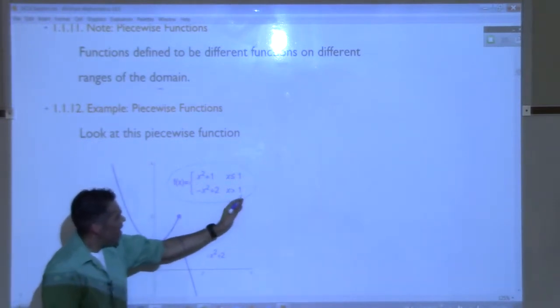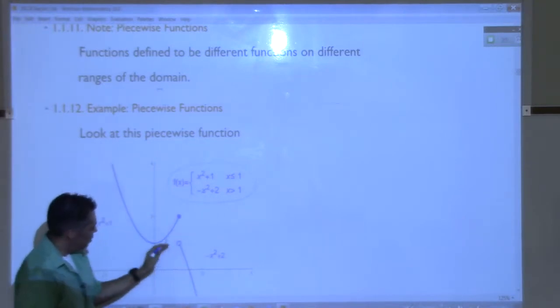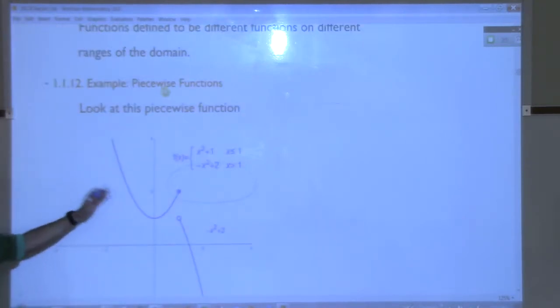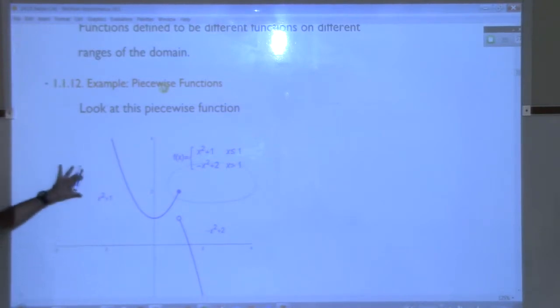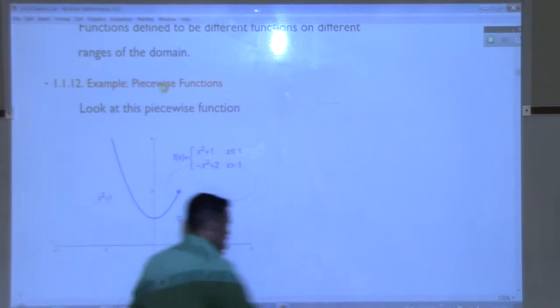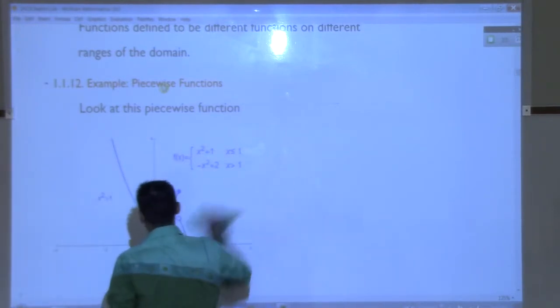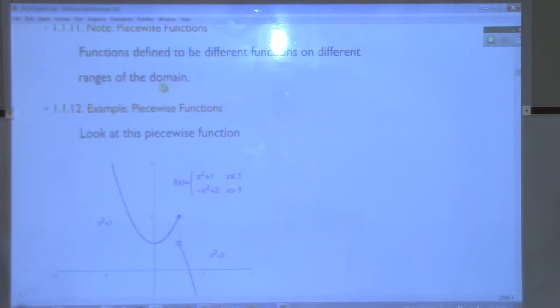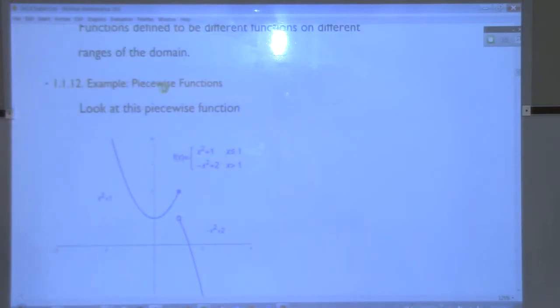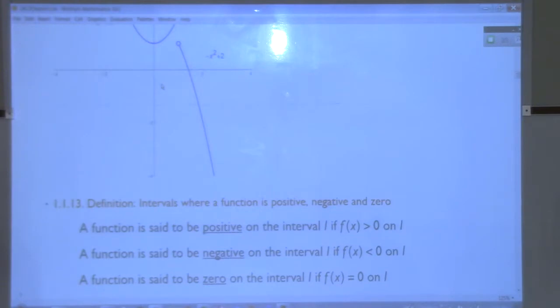But if we're to the right of 1, it's going to be this parabola which opens down. So you can kind of see the two pieces of this piecewise function here. You all remember seeing that in college algebra? We'll be doing more with piecewise functions. All we're trying to do here is stir all this stuff back up and make sure we have some terminology down.